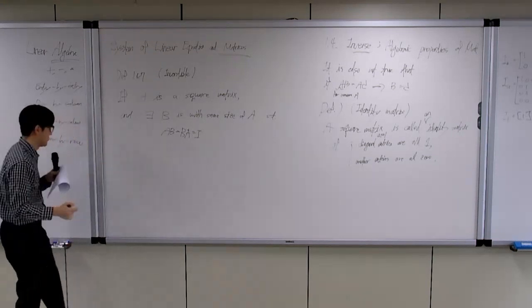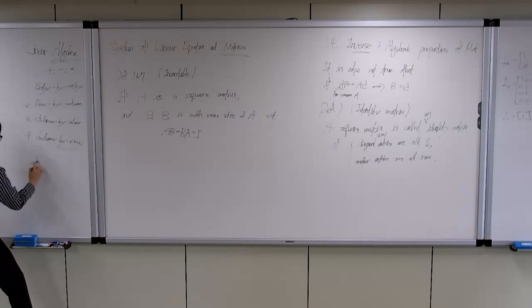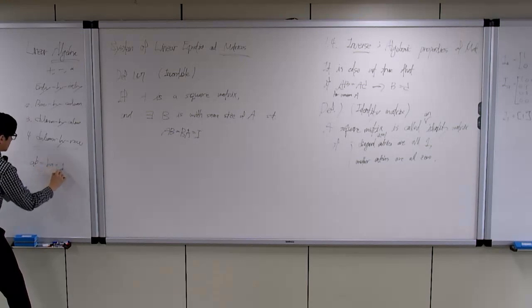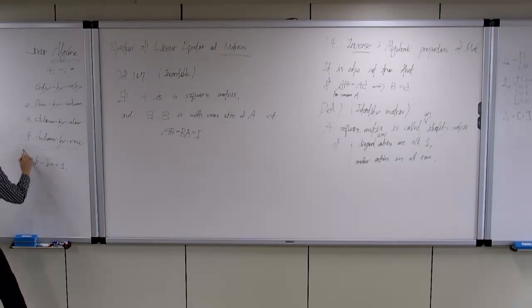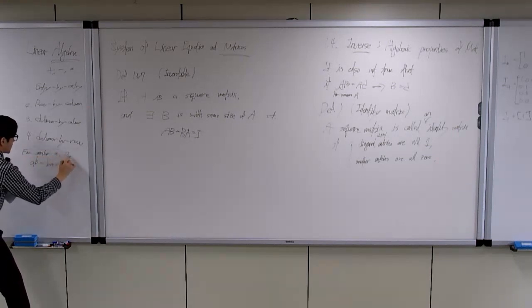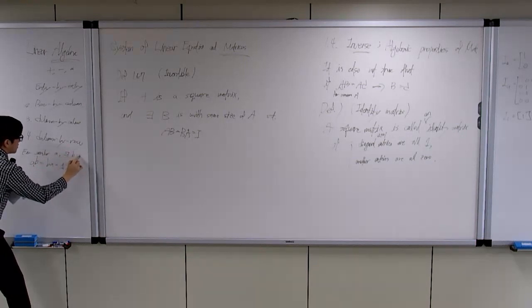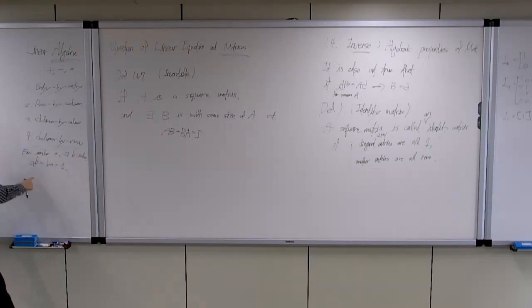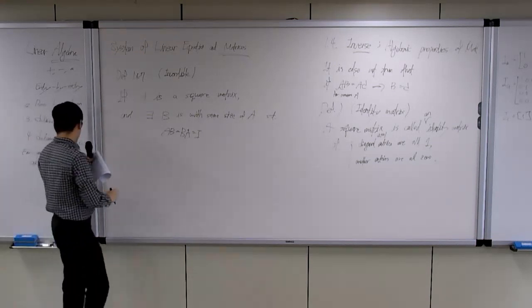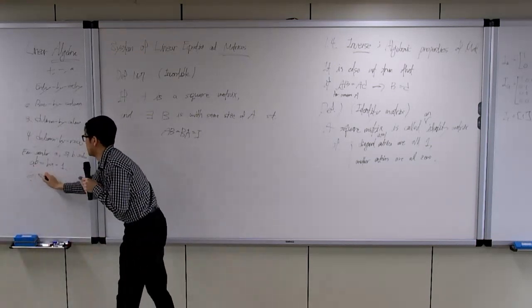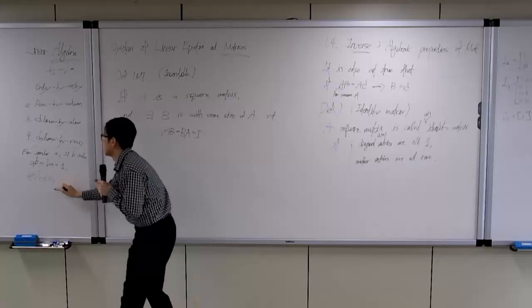It is the same statement, but it can be written another way. For scalar A, there is scalar B that satisfies this, and this means B is not zero.